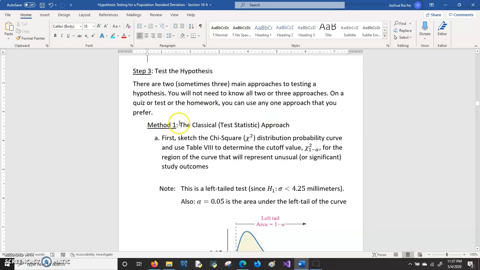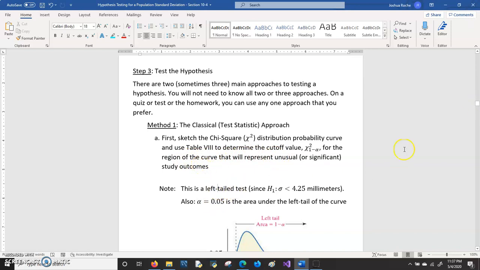So one approach is the classical or the test statistic approach. With this approach, the first thing that you'd want to do is sketch the chi-square distribution probability curve, and then use Table 8, another table, to determine the cutoff value, which is chi-squared 1 minus alpha, for the region of the curve that will represent unusual or significant study outcomes.